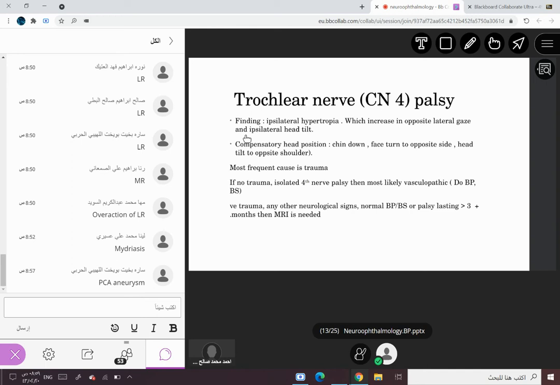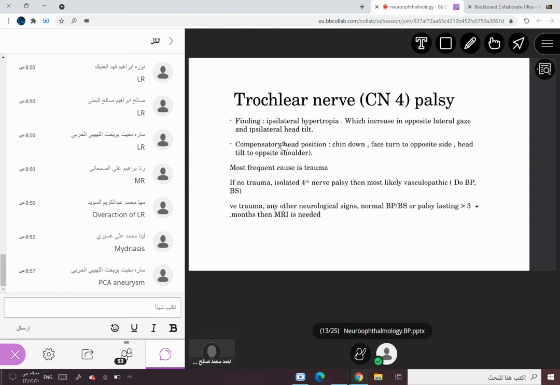These patients with trochlear or fourth cranial nerve palsy will have a special compensatory head position. They will have chin down, face turned to the opposite side, and head tilt to the opposite shoulder.